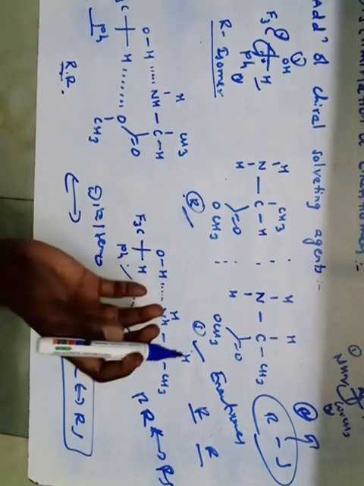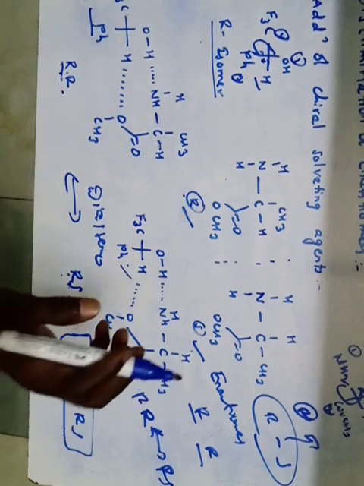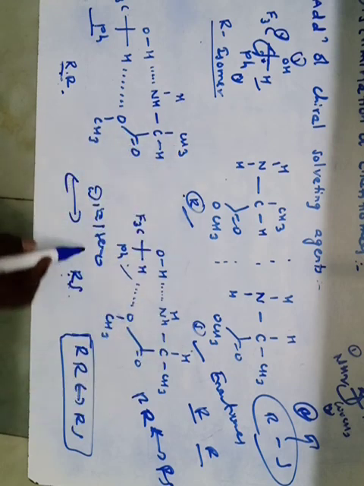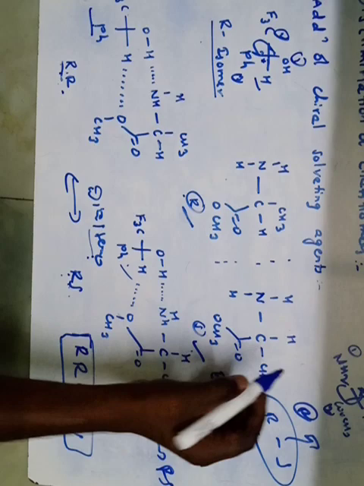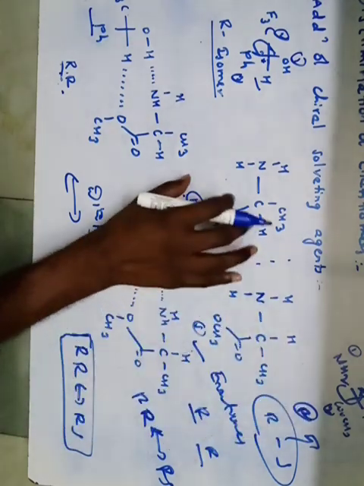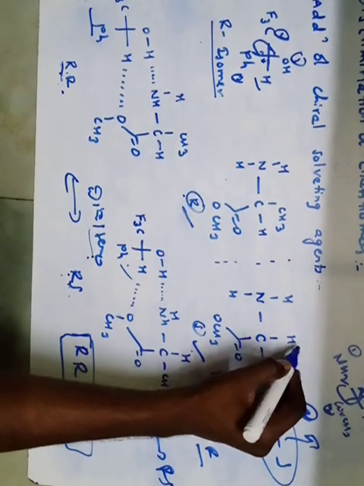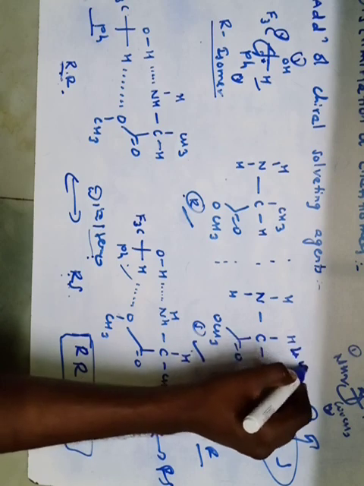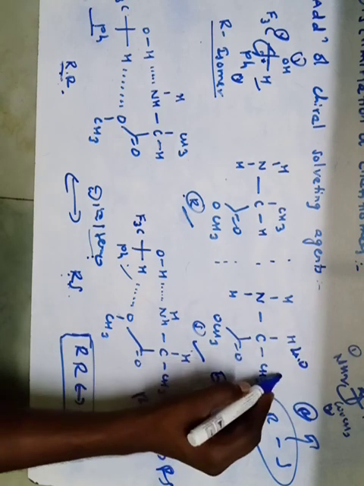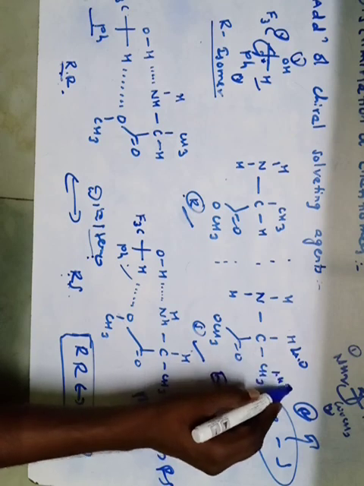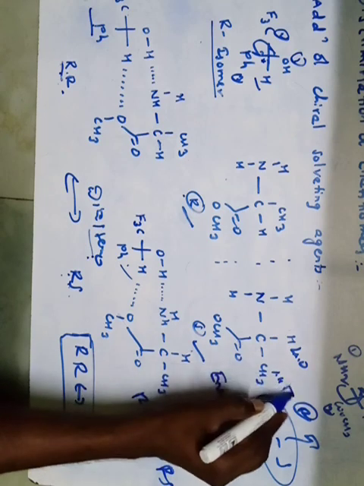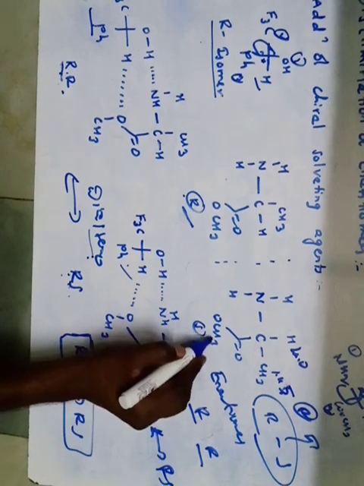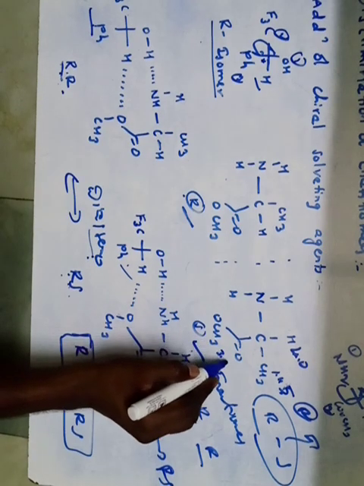We know that enantiomers give the same type of signal in H1 NMR spectroscopy, whereas diastereomers give different signals. Here the H1 NMR will give the signal for this proton at 4.0. The methyl proton will appear at 1.45, and the methoxy proton at 3.8 or 3.5.